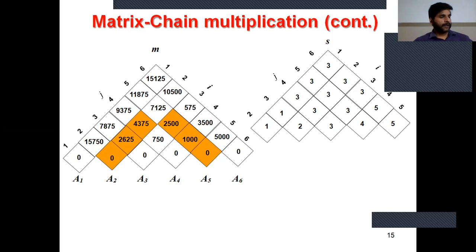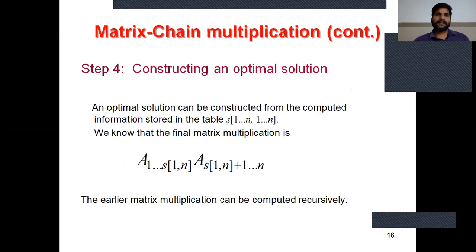After calculating the matrices M and S, we construct the optimal solution. An optimal solution can be constructed from the computed information stored in the table S[1..n]. We know that the final matrix multiplication is A[1..S[1,n]] times A[S[1,n]+1..n].